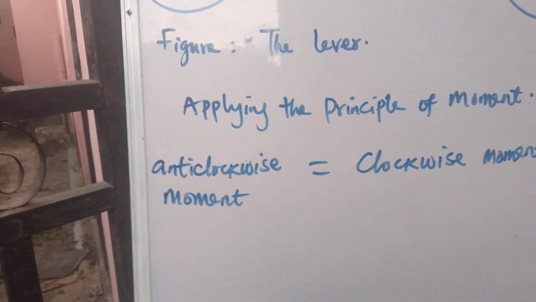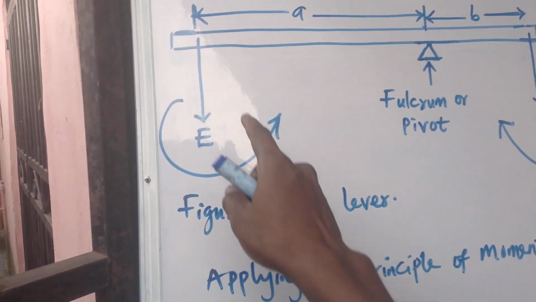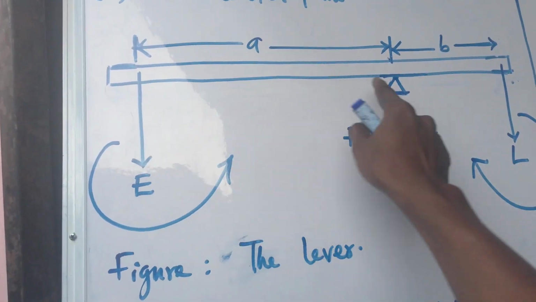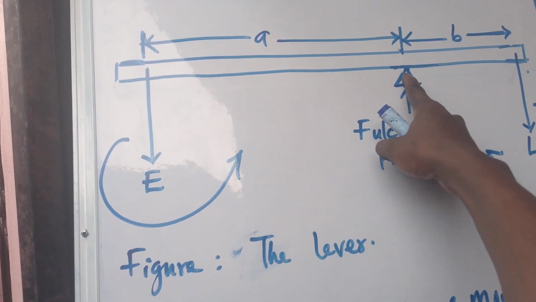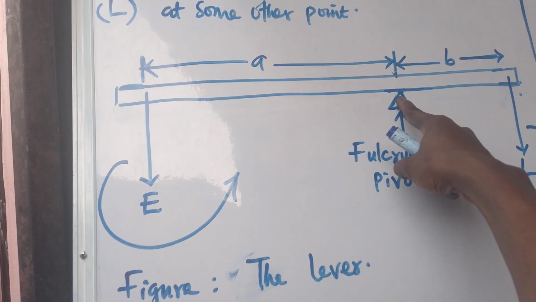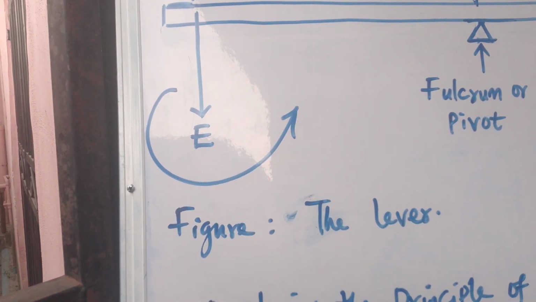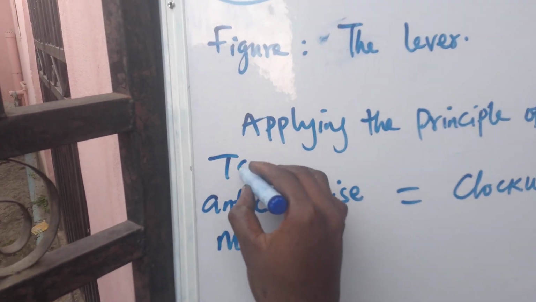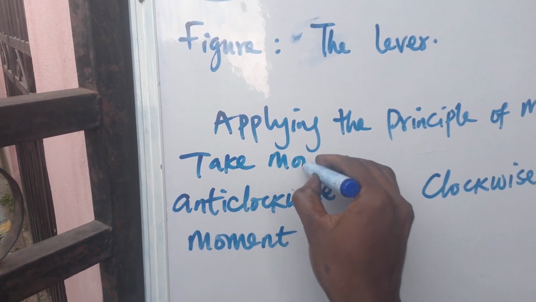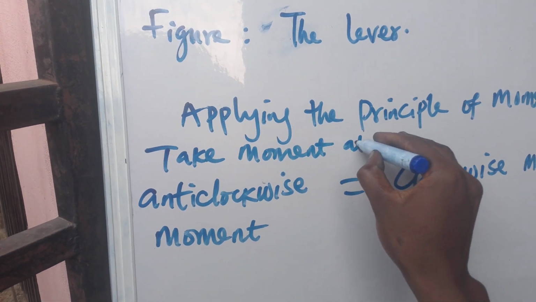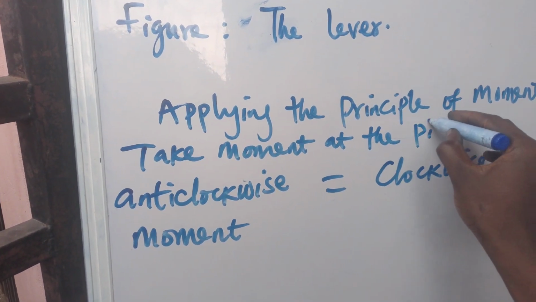The anti-clockwise moment will be this force times the perpendicular distance with respect to the pivot. So we are taking moments at the pivot.